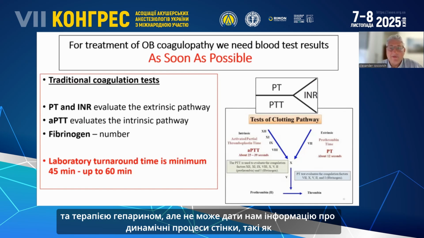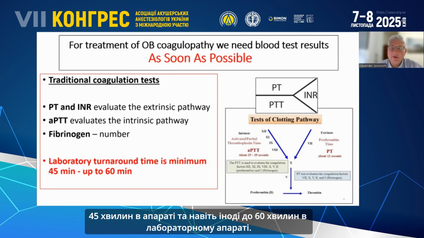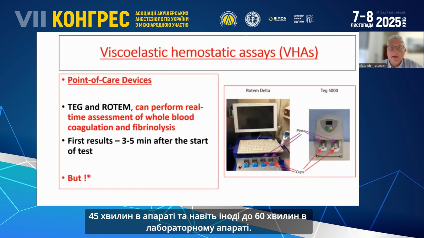They can't give us information about the dynamic process, such as fibrin polymerization and clot lysis. An additional problem of traditional tests is the turnaround time: minimum 45 minutes in the machine, and sometimes even up to 60 minutes inside the laboratory.